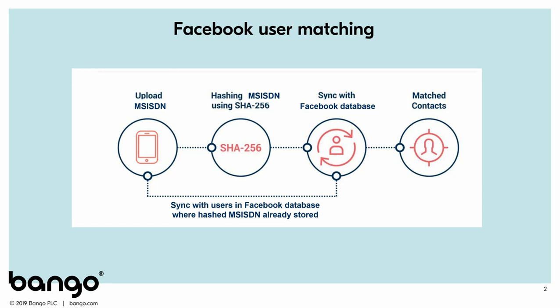The hashing mechanism uses a standard algorithm called SHA-256, and using that hashing algorithm, an irreversible code is generated, and that is used to match with users inside the Facebook platform, because Facebook also stores a hashed version of the MSISDN when the user registers for their service. And based on which users are matched, an audience can be identified.